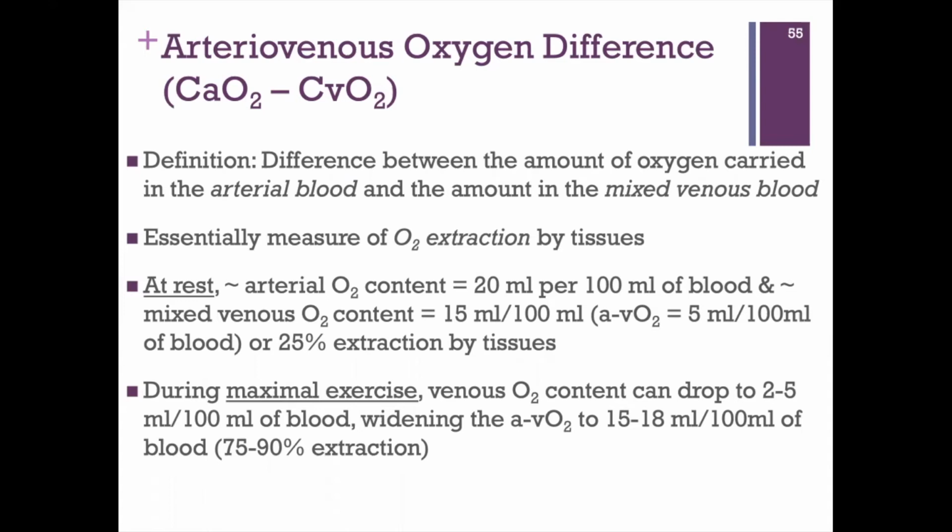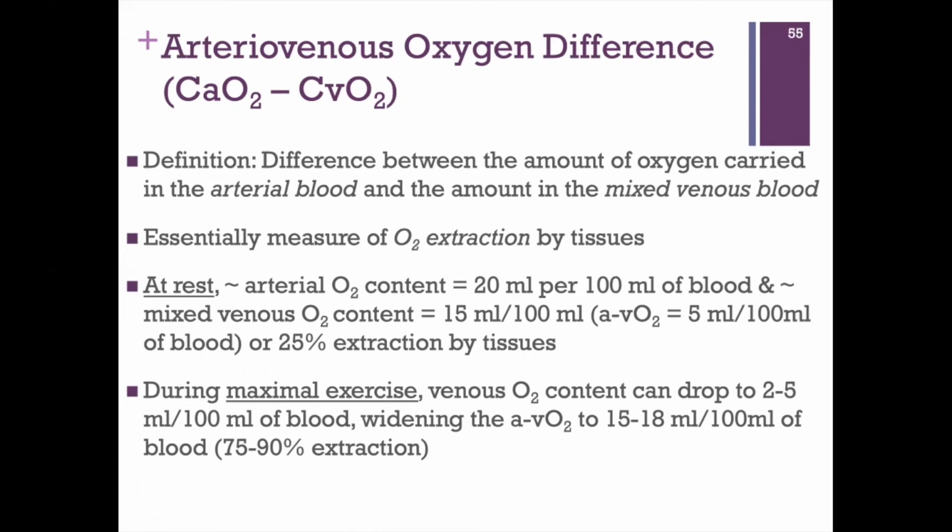So that means the extraction occurring is around 5 milliliters per 100 milliliters of blood, which is about 25% extraction by the tissues. So at rest, we typically extract about 25% of oxygen from our blood to go to the tissues.